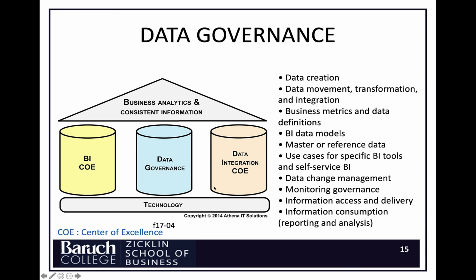And again, overall, data governance helps us make sure that the data is trustworthy and it provides that business value we're looking for. If you look at this diagram, we have data governance at the center of interaction between technology and analytics. We also have COE, which is centers of excellence, and these could be a group of people, a team, or a formal department in an organization where we bring in all the knowledge and expertise regarding, let's say, business intelligence or data integration.